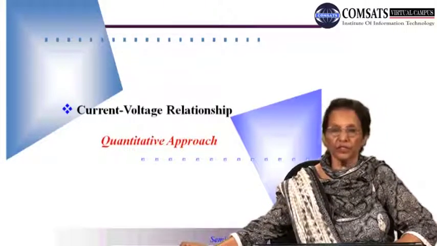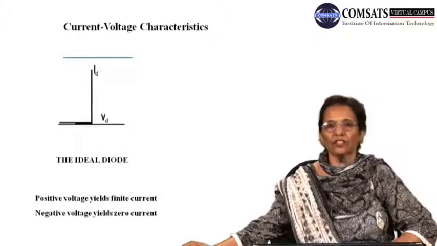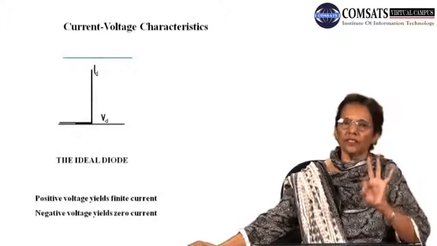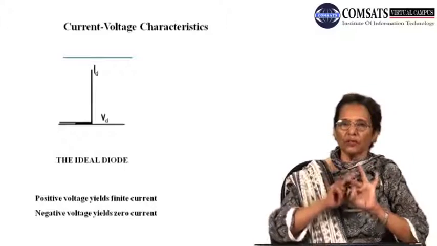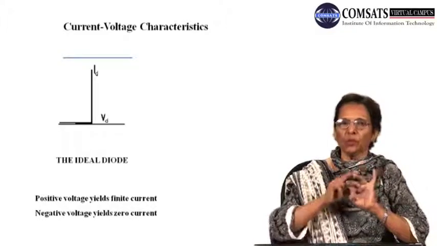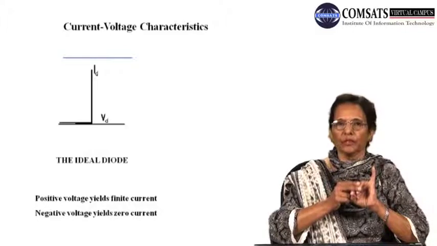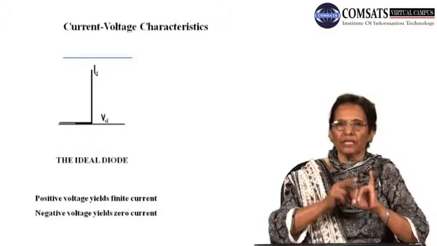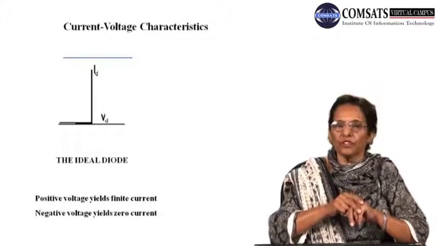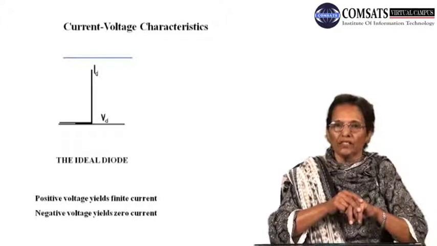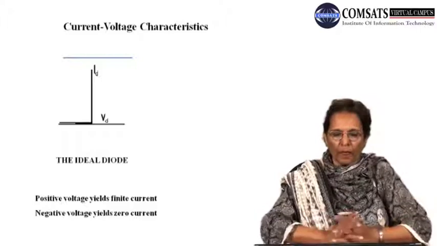We will be discussing these currents under three conditions: the equilibrium condition, namely no bias; the forward bias junction, that is, the positive terminal of the battery is connected to the p side; and reverse bias, when the positive terminal is connected to the n side of the PN junction.